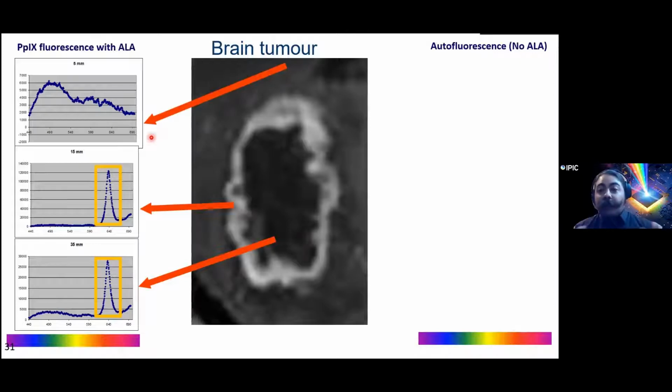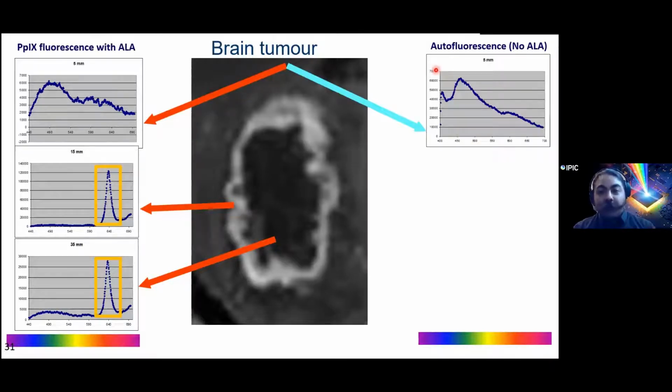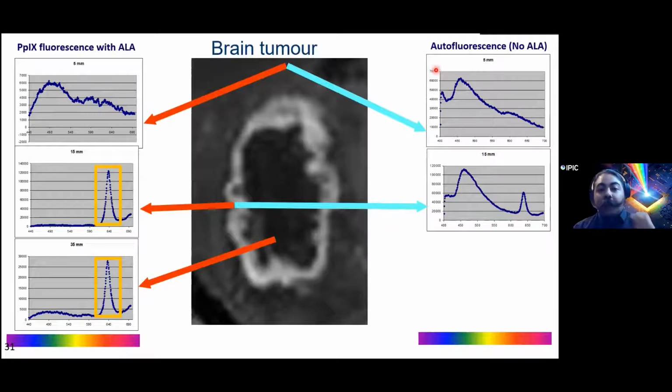In a label-free procedure with autofluorescence, we have just a normal spectrum outside the tumor, and at the edges, in the boundary of the tumor, you would have this peak of protoporphyrin 9 because it still accumulates preferentially in tumors, but it's not as pronounced as if you inject ALA in the person.